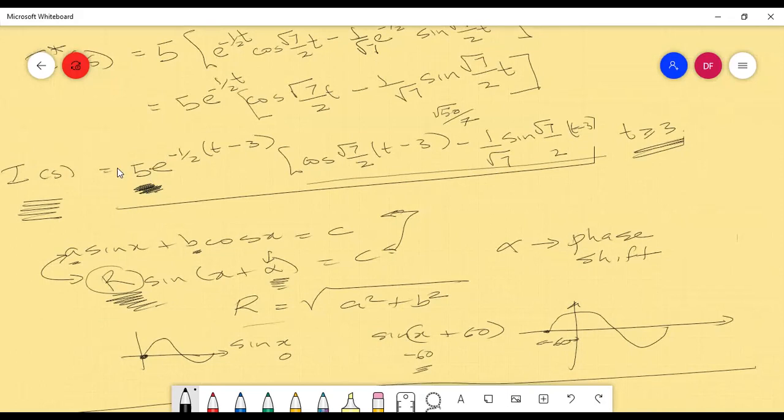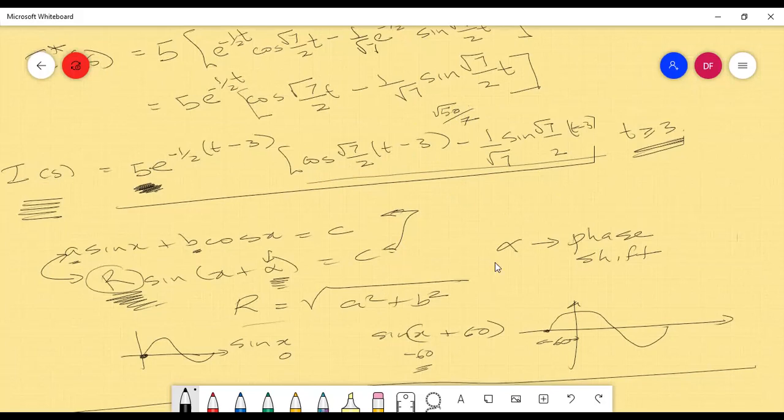The maximum on this part is 5. And now the maximum on the cosine plus sine part is root 50 over 7. So what's the maximum overall of everything? Root 50 over 7, sir. Times 5. Root 50 over 7 times 5.